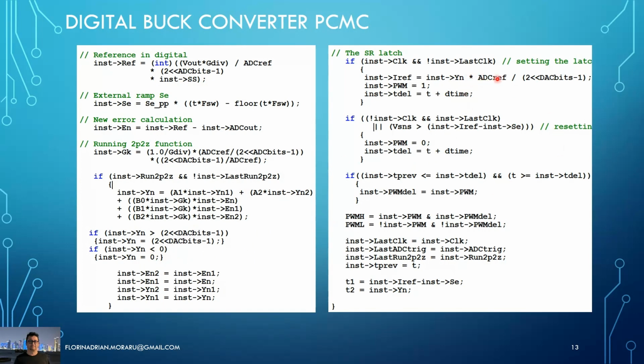And then we multiply here with the gain of the DAC, and we are generating PWM signals. Okay, and we have here two test points.